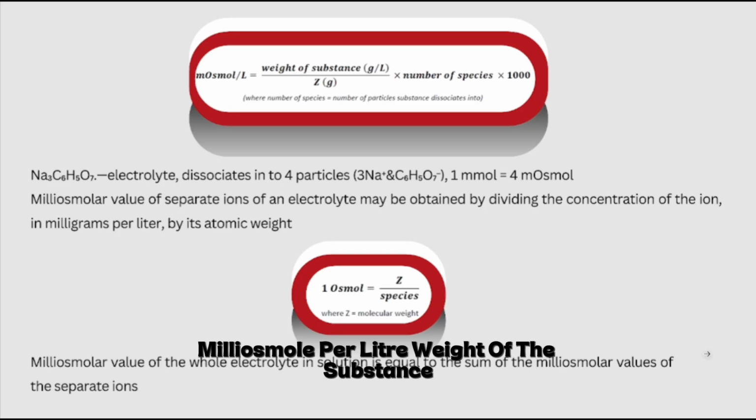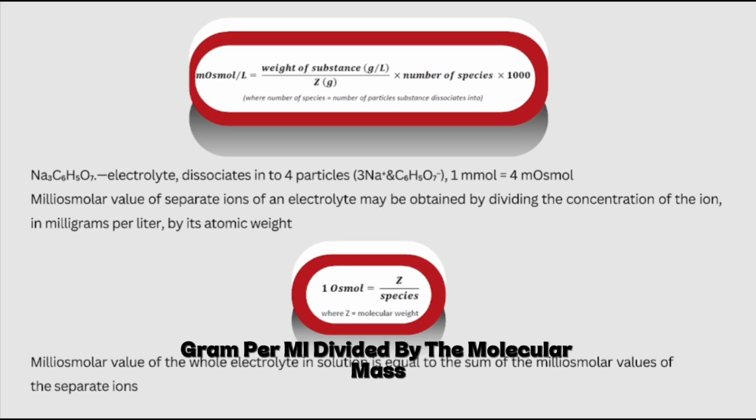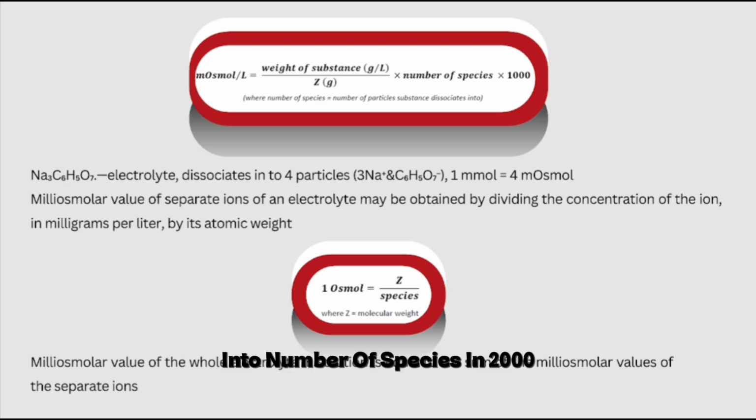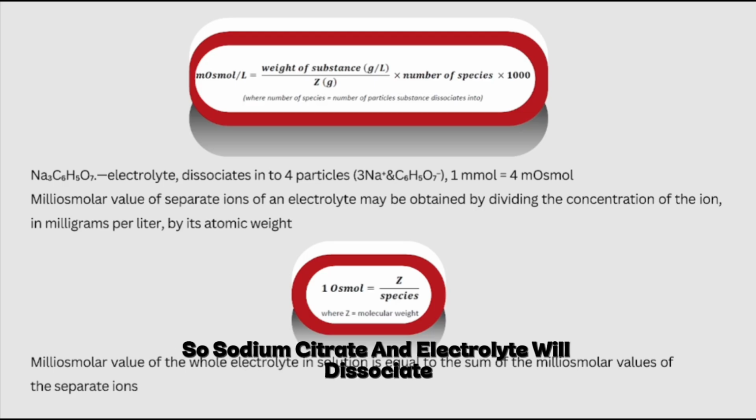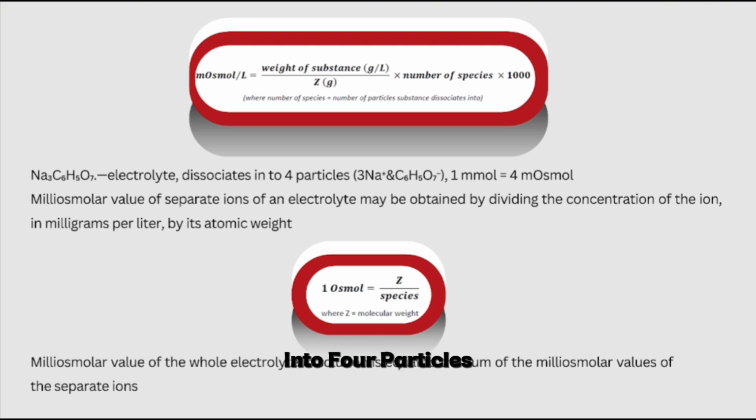Milliosmol per liter equals weight of the substance in gram per liter divided by the molecular mass, times number of species, times 1000. Sodium citrate, an electrolyte, will dissociate into 4 particles, 3 sodium ions and 1 citrate ion. So 1 millimole is 4 milliosmol of ions.